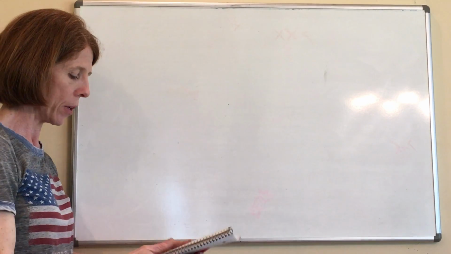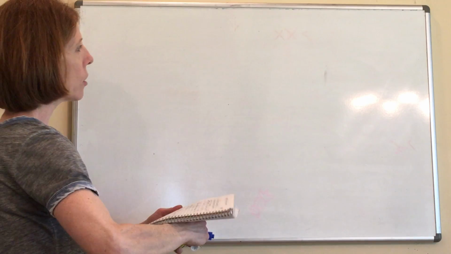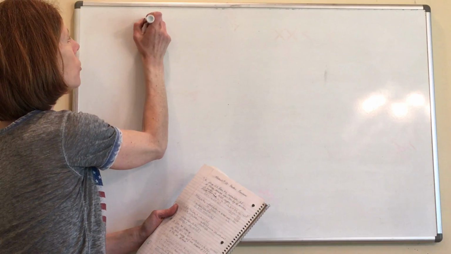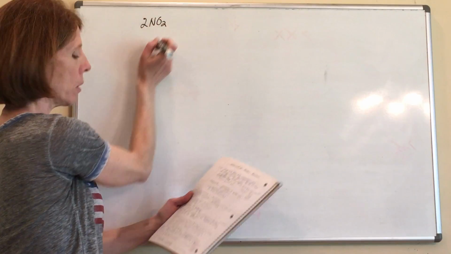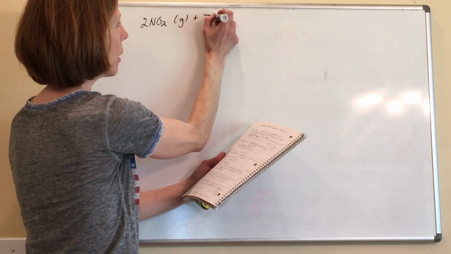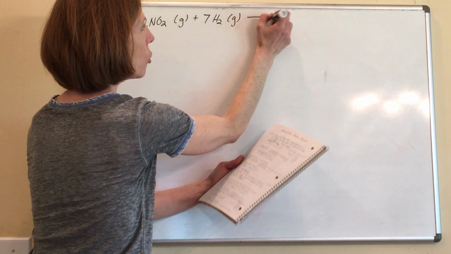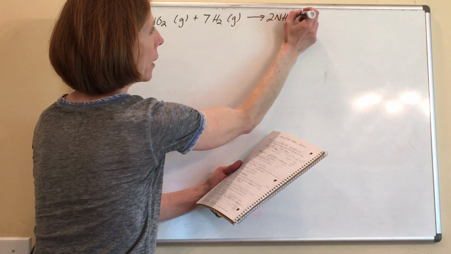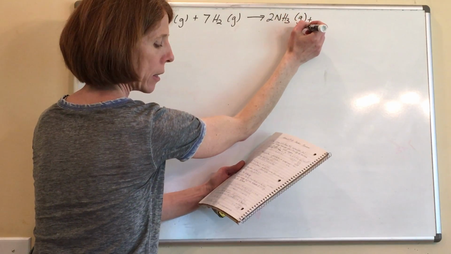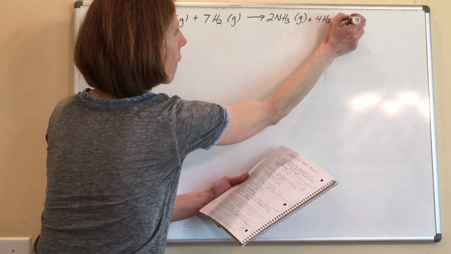Problem number 5 says, given the following reaction, 2NO2 as a gas plus 7 moles of hydrogen as a gas will release 2 moles of ammonia as a gas and 4 moles of water as a gas.